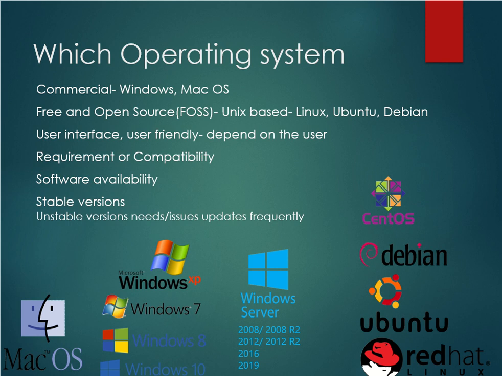And these free and open source systems have many stable latest versions. So if it is not essential to use the Windows operating system, then it is better to use a free and open source operating system like these.